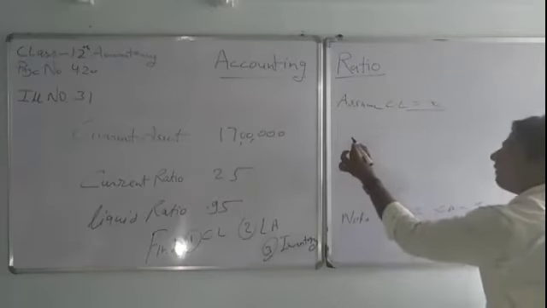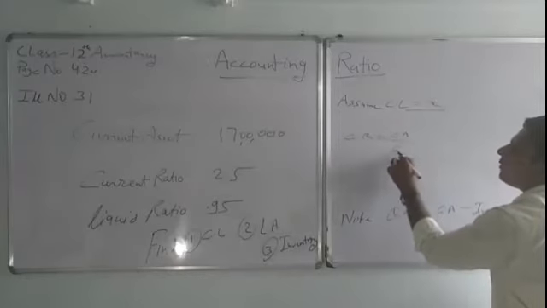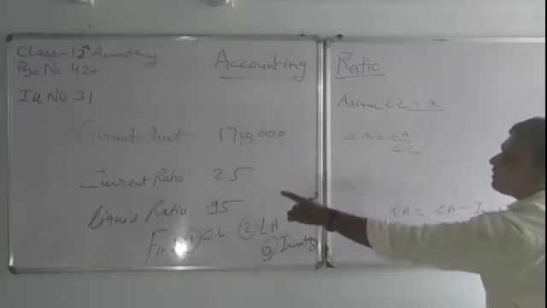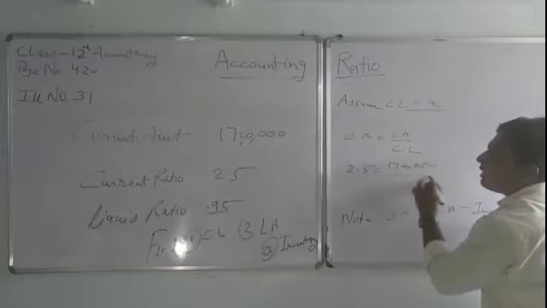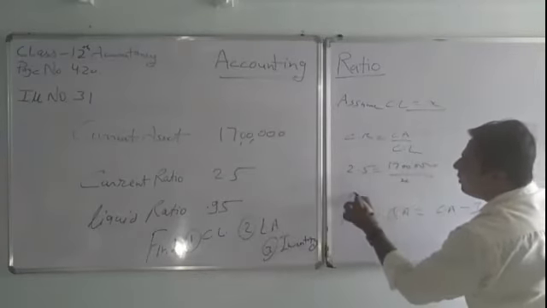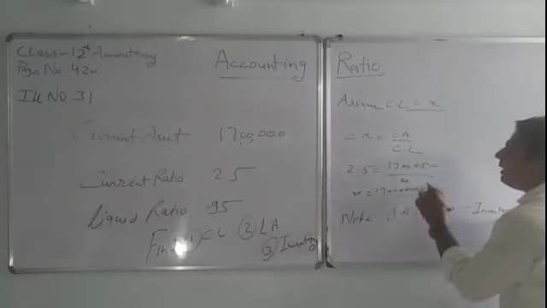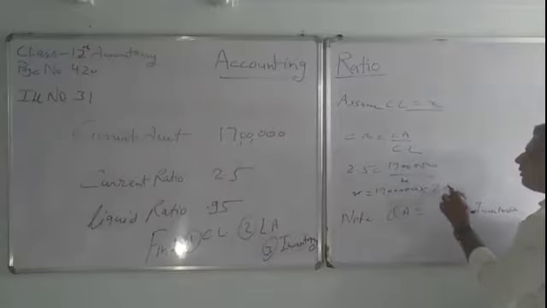Now current ratio is equal to current asset divided by current liability. So how much is the current ratio? 2.5. Current asset is how much? 17 lakh. Current liability is not given, X we have assumed. So X is equal to 17 lakh divided by 2.5.